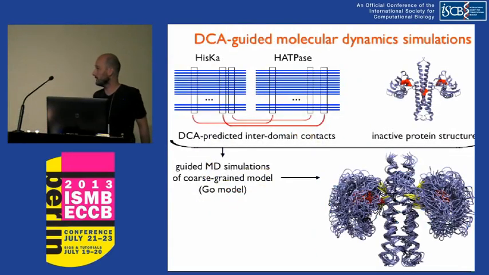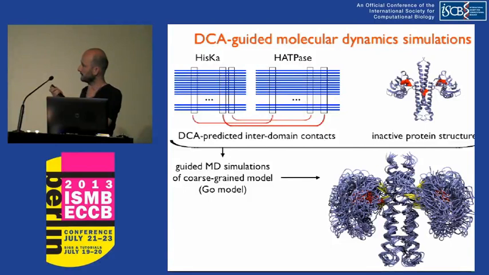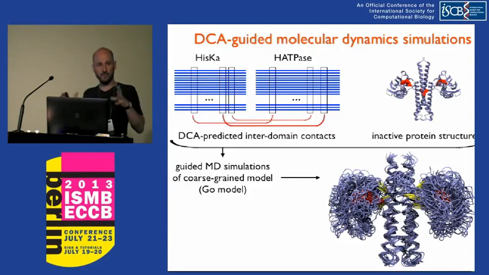This motivated us to try to guide molecular dynamics simulations to get a prediction for the active structure. We took our predicted contacts and the inactive protein structure, and in the first step we used very coarse-grained Go models to guide some kind of docking simulations, which gave us, as you see here, an ensemble of rough structures which might be close to the active structure.